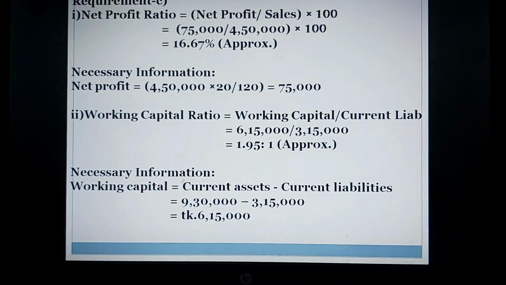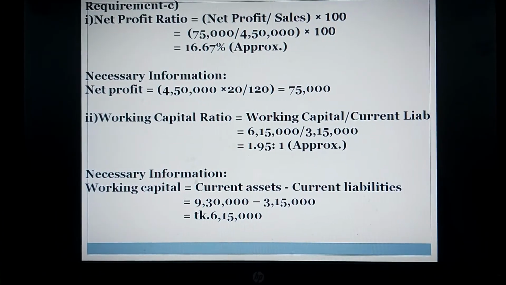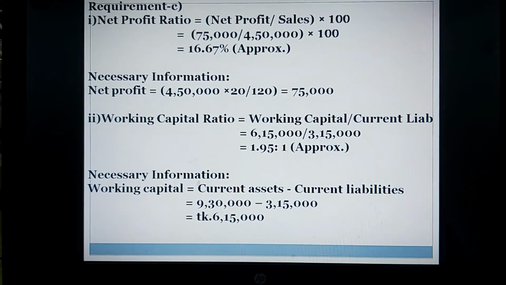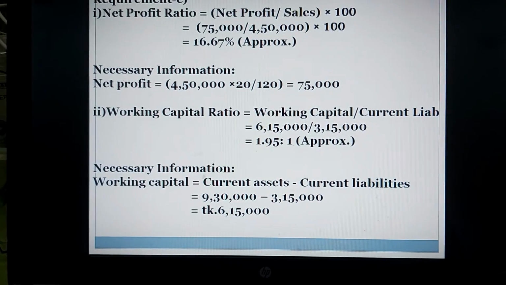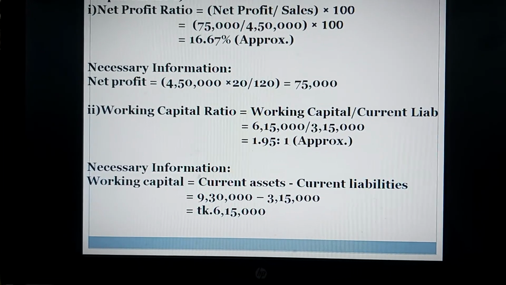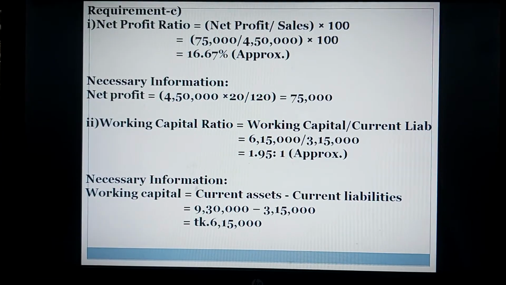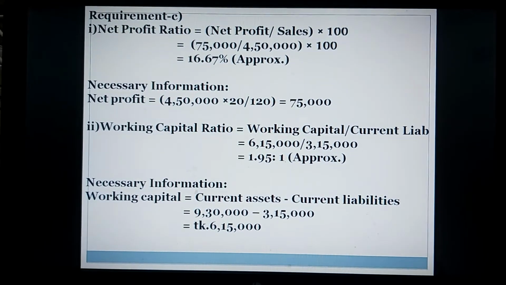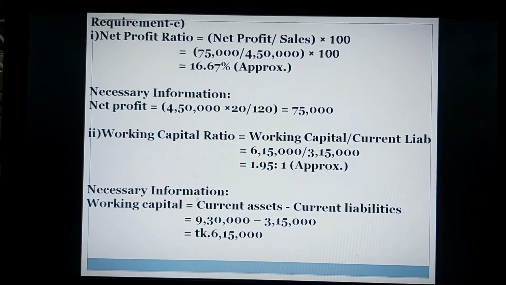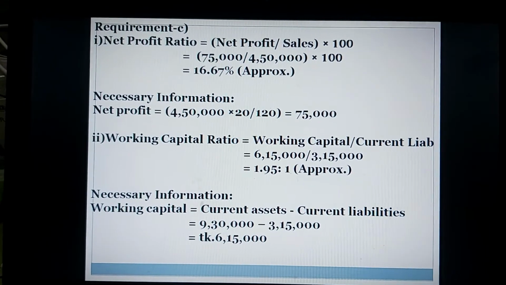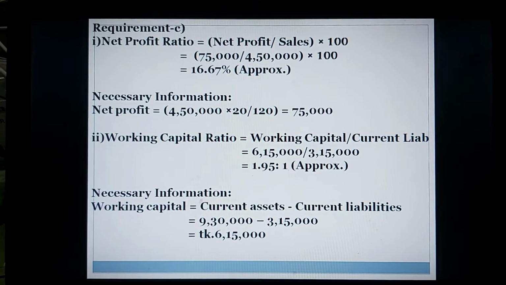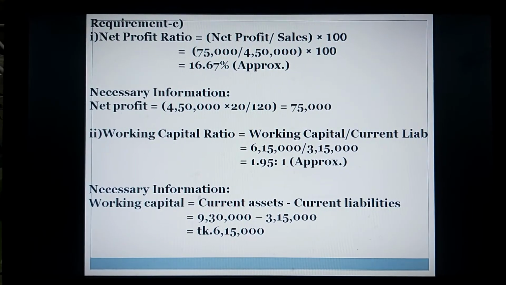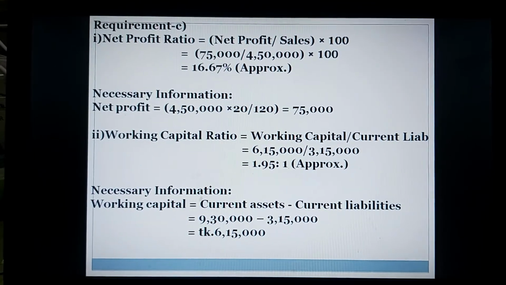Necessary information is available. Working capital is 6,15,000 divided by current liabilities 3,15,000. That is also from necessary information. So it is equal to 1.95:1 approximate value. I repeat again, working capital ratio is equal to 6,15,000 divided by 3,15,000 is equal to 1.95:1 approximate value.